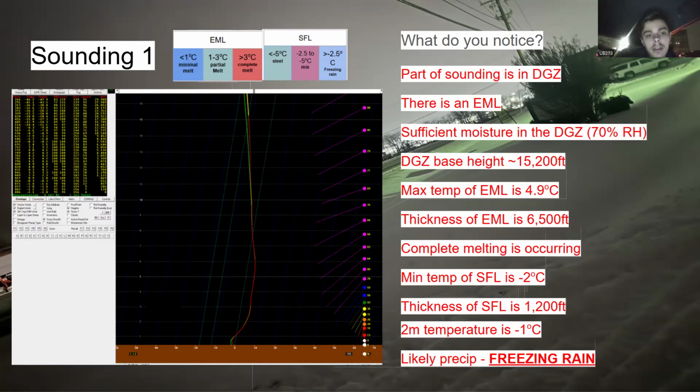That is because it is supercooled and then it's going to completely melt. But we do have a surface freezing layer that you can see. I should have said this part: it's -2 degrees Celsius, so that falls in this range. So freezing rain is likely going to be the case for this one.